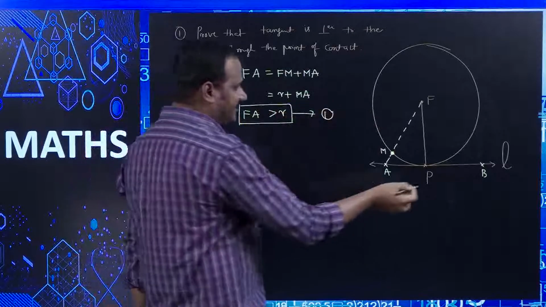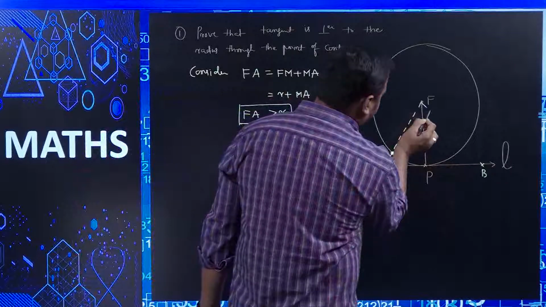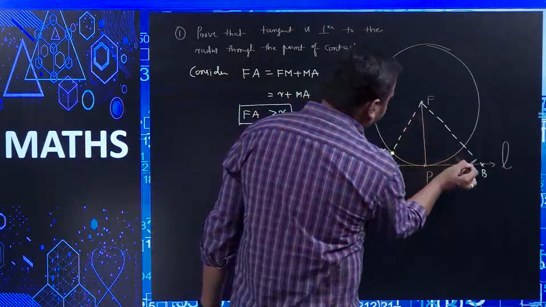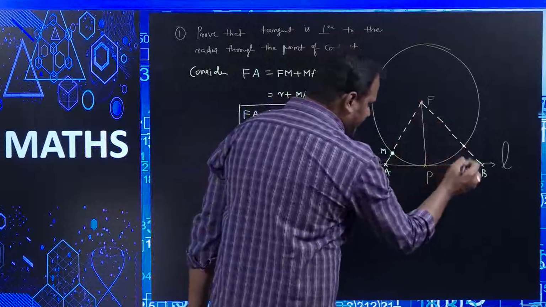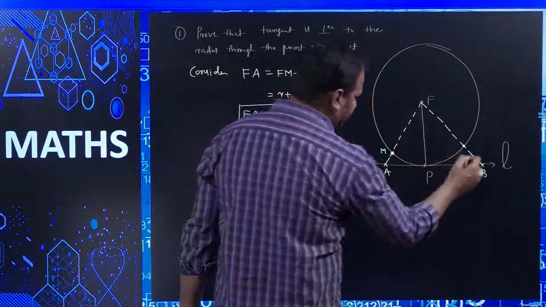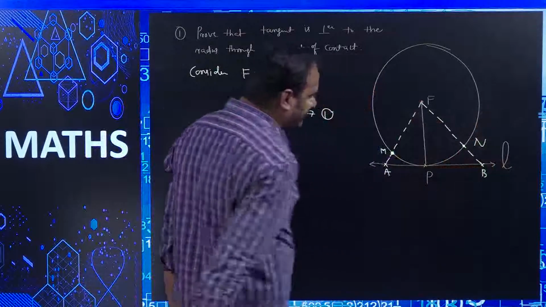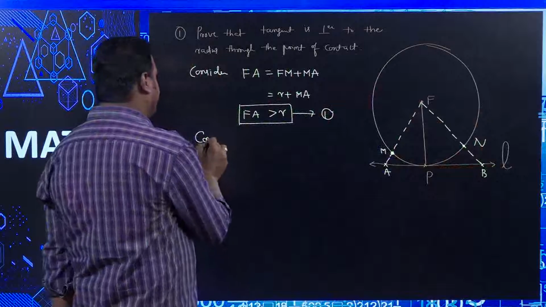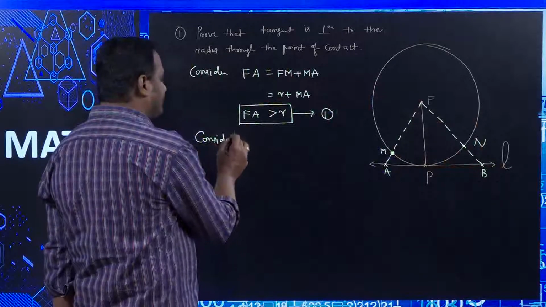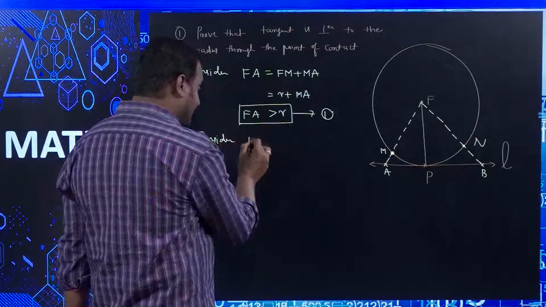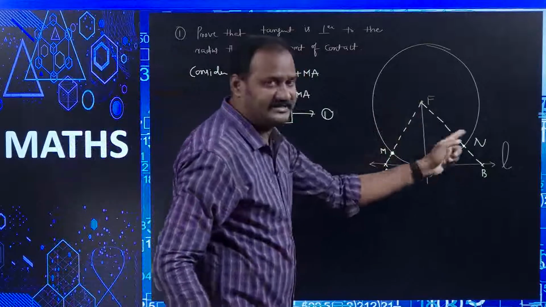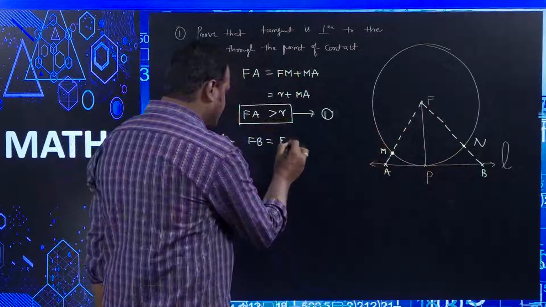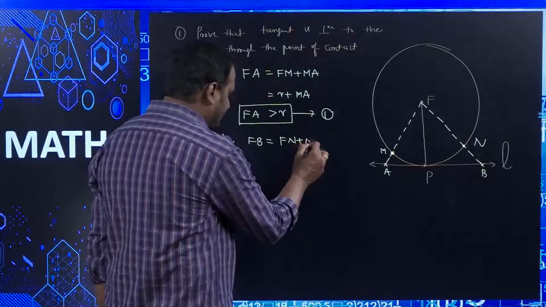And now let me take the point B and join F and B. After joining F and B, you can identify one point which intersects the circle, let it be N. Now I am going to consider the other line, FB. I can write FB as FN plus NB.